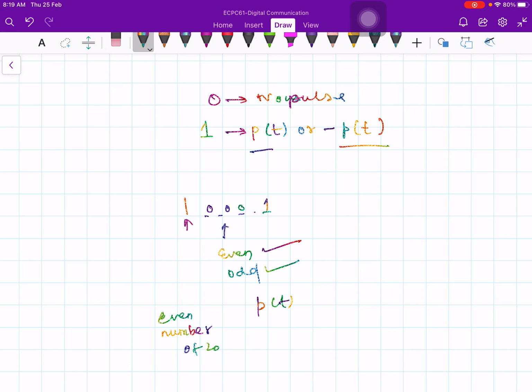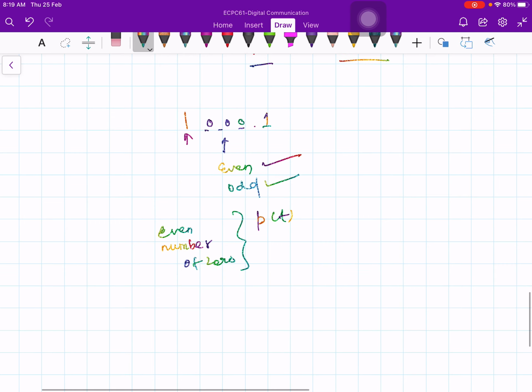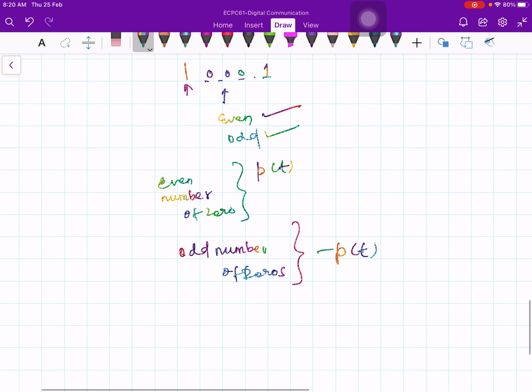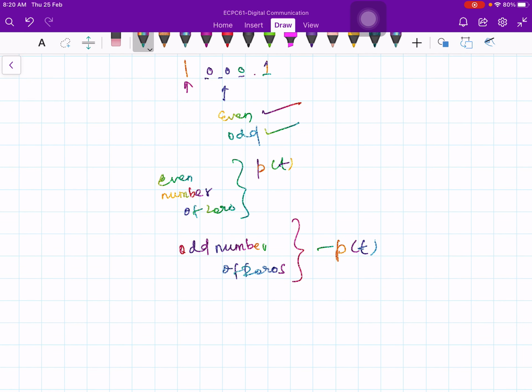If it is an odd number of zeros, then you transmit minus p of t. So the rule is very simple: it depends on whether the number of zeros between two successive ones is even or odd.